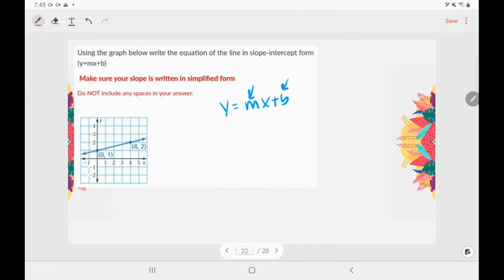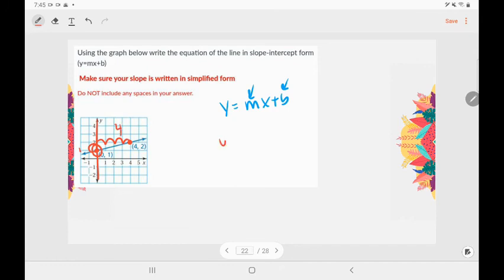In my graph, I can see my y-intercept as it crosses right here at 1. And my slope is how to get from my y-intercept to my next point. I would want to move up 1 space and to the right 1, 2, 3, 4 spaces.